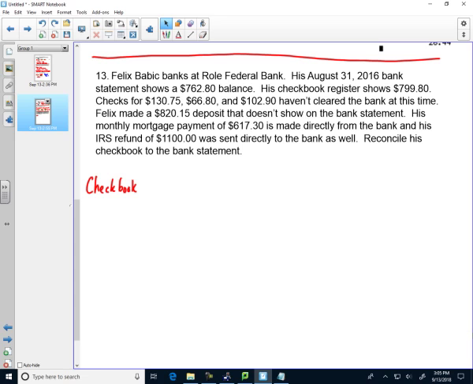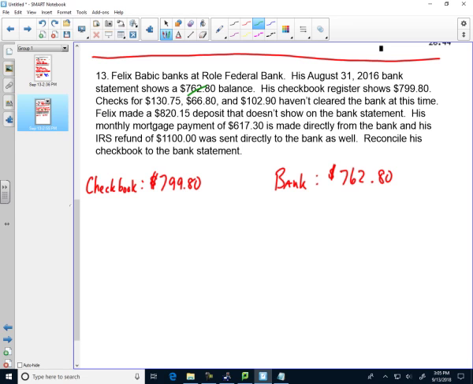Let's see. So the bank I like to put on this side. So the bank is 762.80. And the checkbook at the same point in time is 799.80.